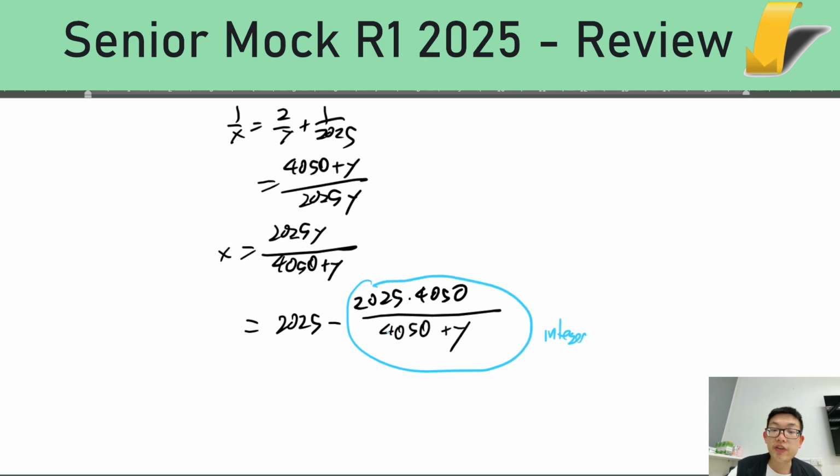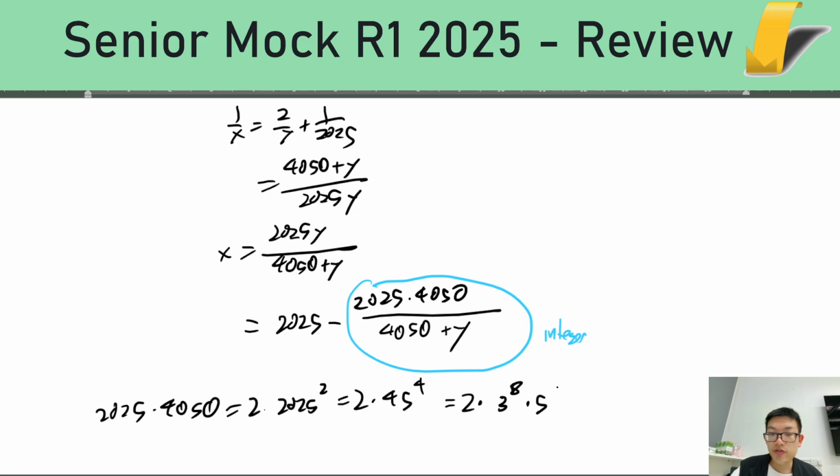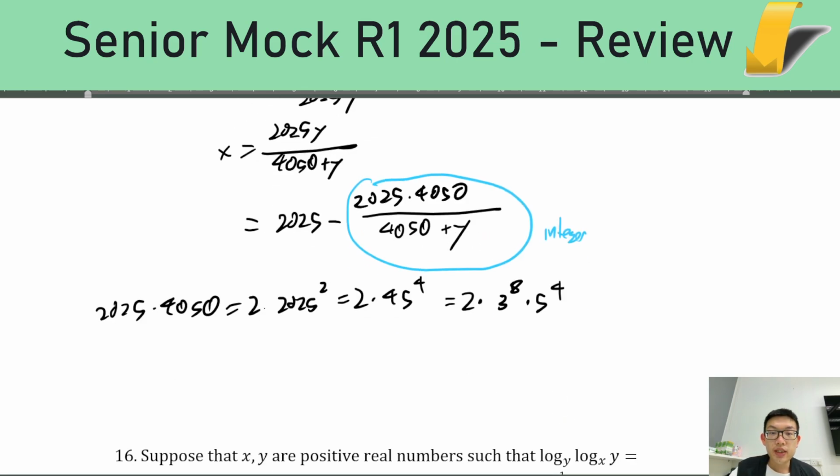And so therefore I want to find factors of this value here, which is 2 times 2025 squared. We know that 2025 is 45 squared. So you get 3 to the 8 and 5 to the 4, times 2. Okay, so this is our factorization, which means that 4050 plus y is a factor.